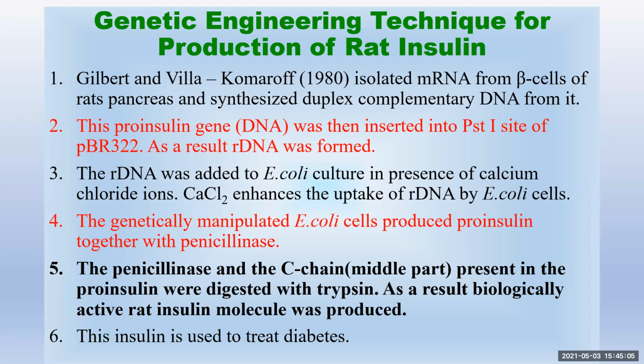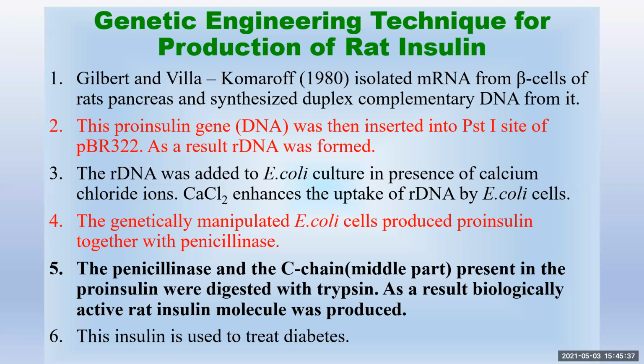This recombinant plasmid was inserted into an E. coli culture, which had already been given calcium chloride treatment so that it easily takes up the recombinant DNA. The genetically manipulated E. coli cells produced pro-insulin together with penicillinase, because the pro-insulin gene was inserted beside the penicillinase gene. So a fusion protein was produced having pro-insulin together with penicillinase.